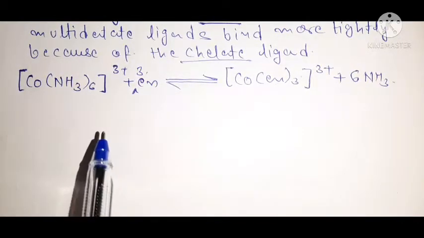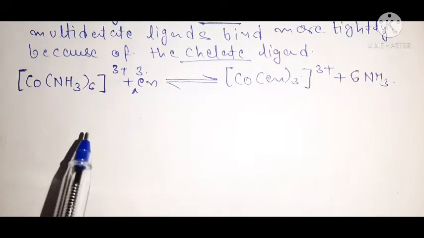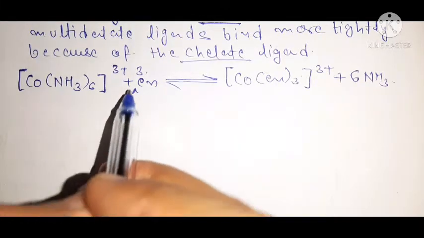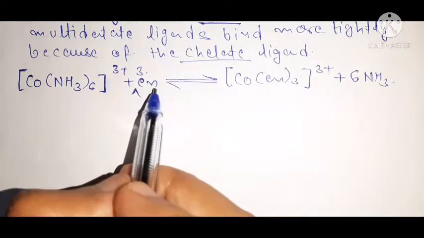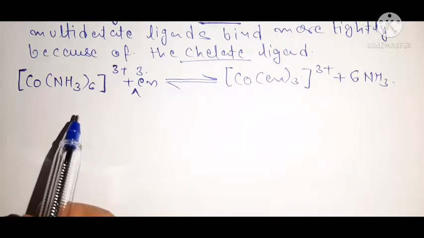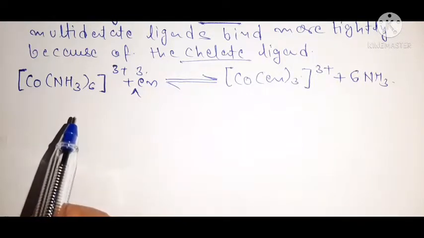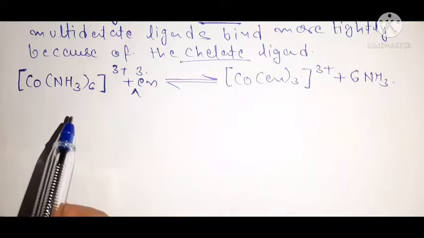Okay, so first of all we talk about enthalpy change. When a reaction is performed between the chelating ligands and monodentate ligand containing compounds, in this type of reaction the enthalpy change is almost zero. That's why enthalpy is not a major driving factor in the chelate effect.